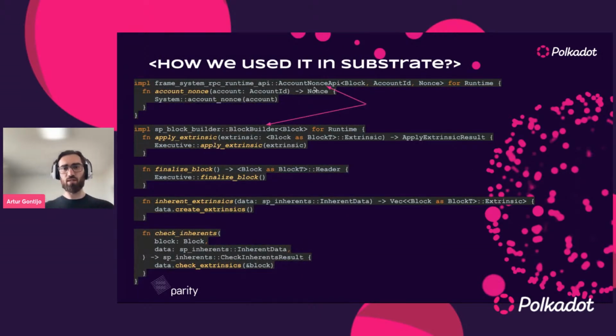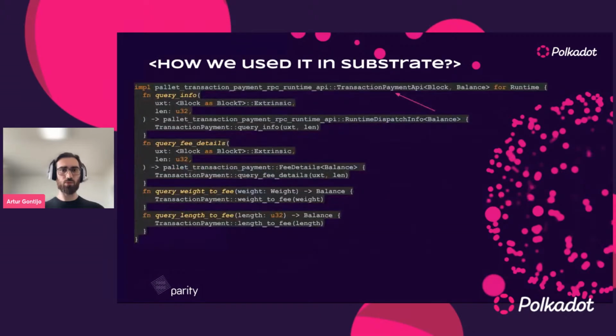We have the account nonce API, the trait itself, and it's been implemented for the runtime. As you can see, we have this inner account nonce inside the account nonce API. This is the trait, and this is the method that we were calling back then. And here is the block builder that we will show in a bit.